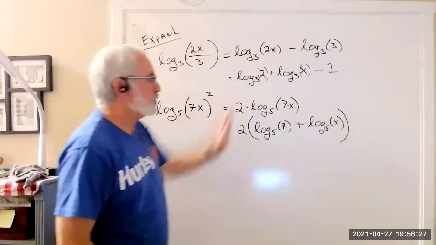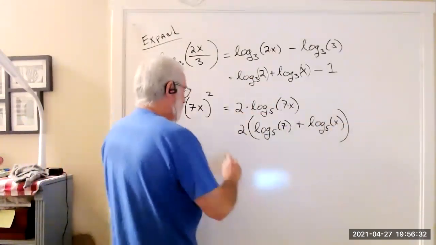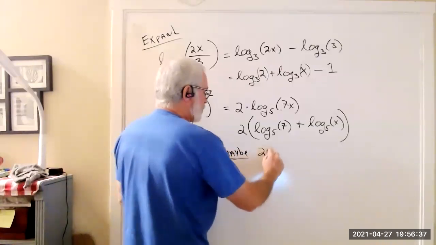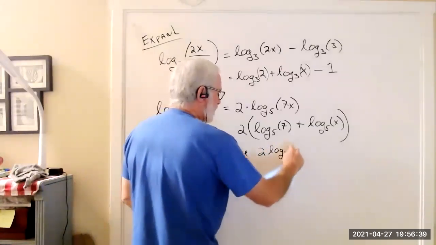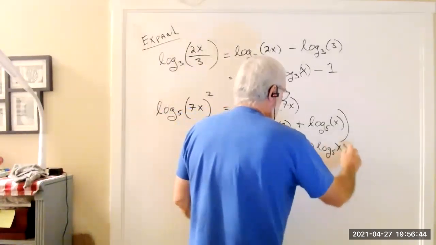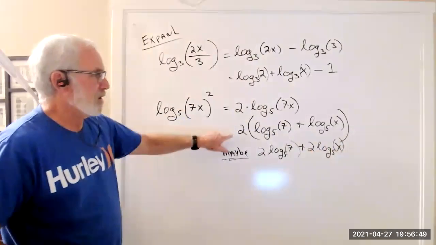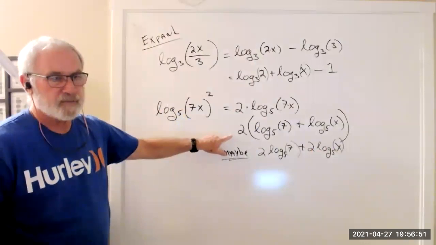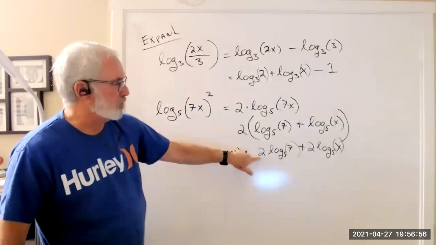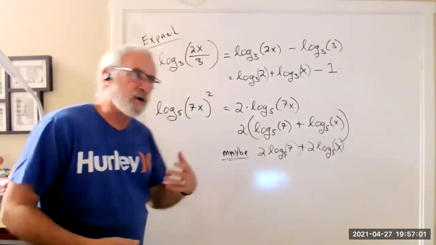Now, whether you distribute the 2 in there or not, that's open for debate. Maybe 2 log base 5 of 7 plus 2 log base 5 of x. Again, with parentheses and all that other crud. But I would accept this as full credit. I'm not sure what mom would do. In some cases, she wants you to distribute the 2 through there.